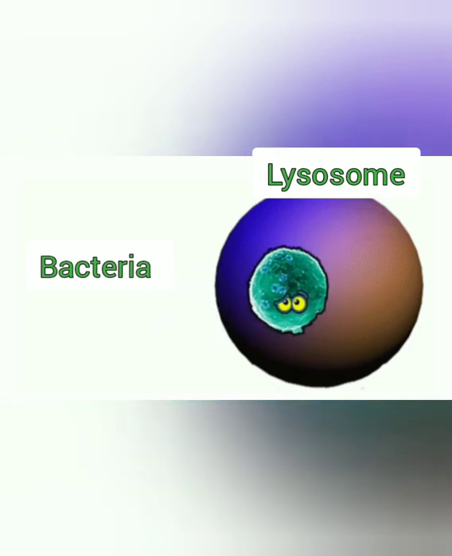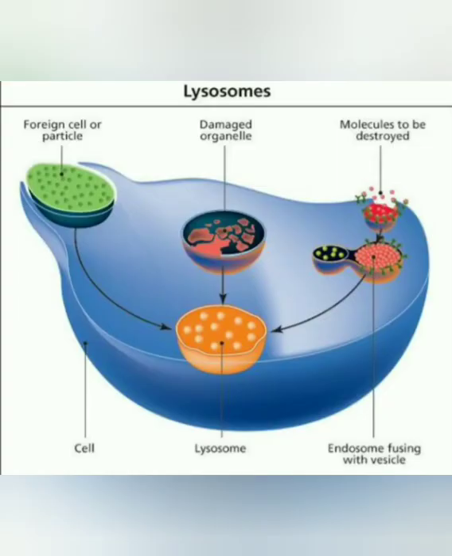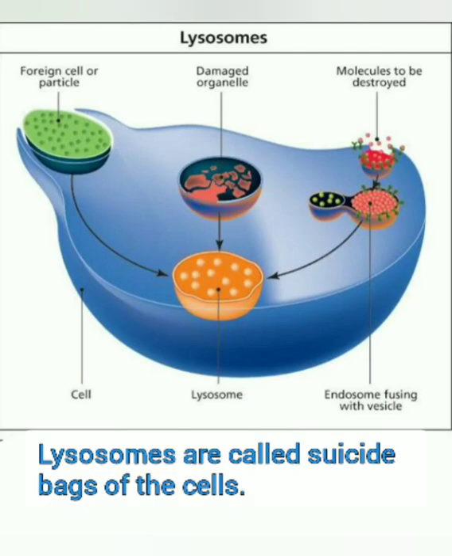They even destroy foreign bodies such as bacteria. In extreme conditions, when the cell is injured or gets damaged, lysosomes by self-digestion can kill their own cell. Thus, they are often called the suicide bags of the cell.